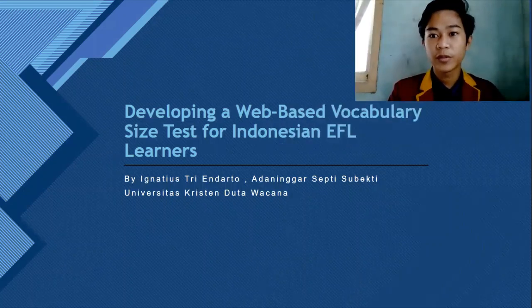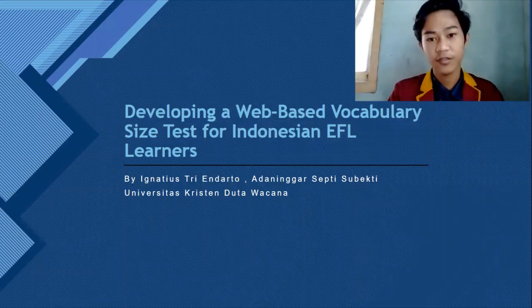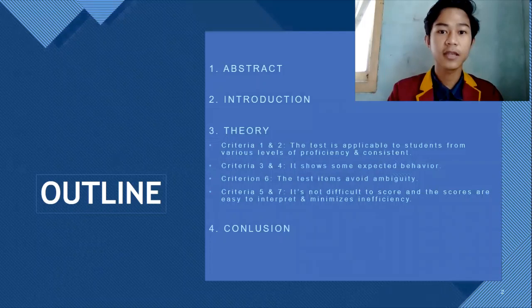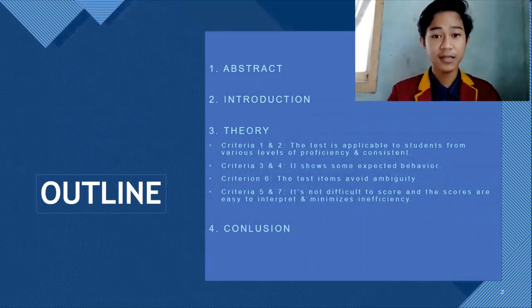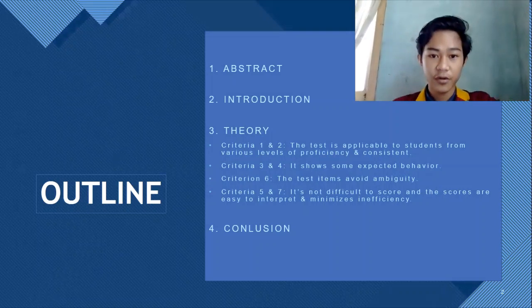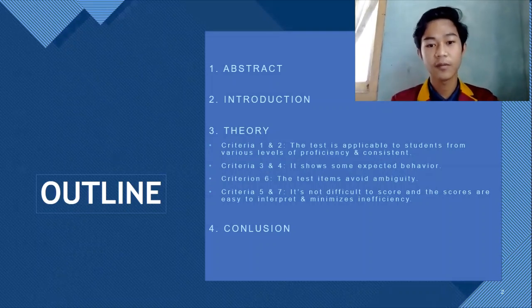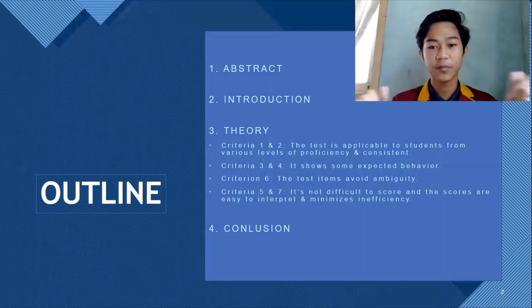With no further ado, let's get started. The outline is, first, the abstract, and the second is the introduction. The third is theory. We're going to use criteria 1 and 2: the test is applicable to students from various levels of proficiency and consistent.